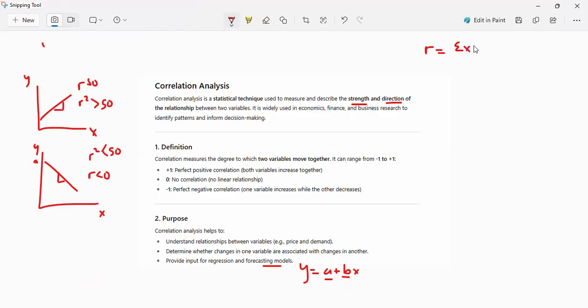XY, minus summation of X times summation of Y. Then we put our N here over the square root of what? N summation of X squared minus summation of what? X to the power 2.